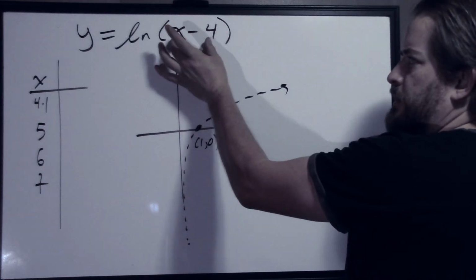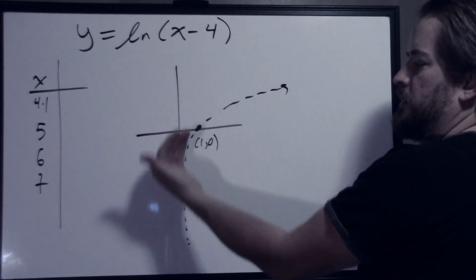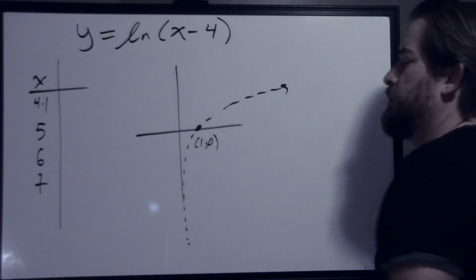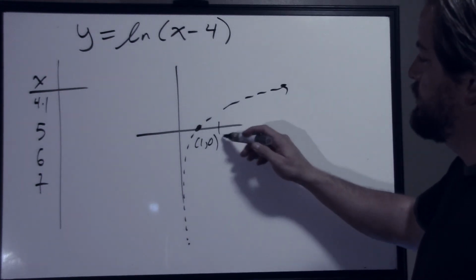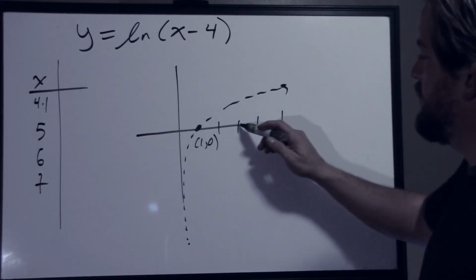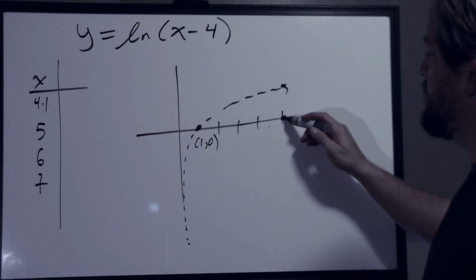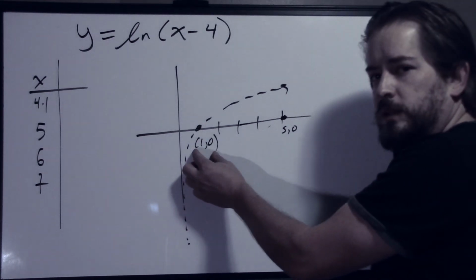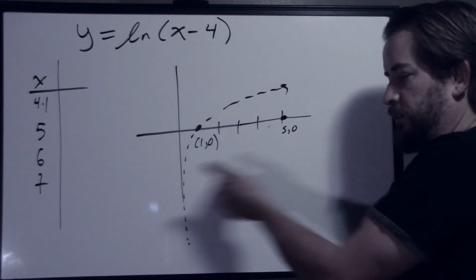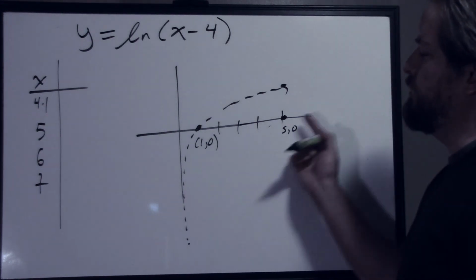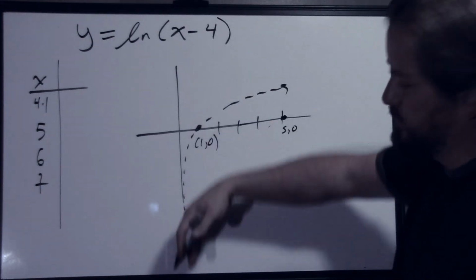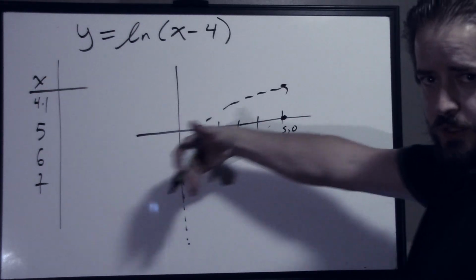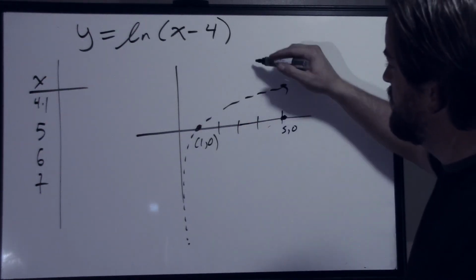And having minus 4 in here is just going to take all of these numbers and shove them to the right by 4. So 1, 0 happens here at 5, 0. Everything gets shifted to the right by 4.